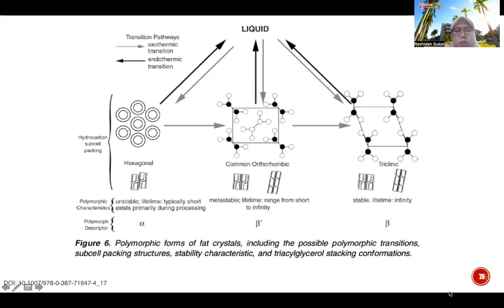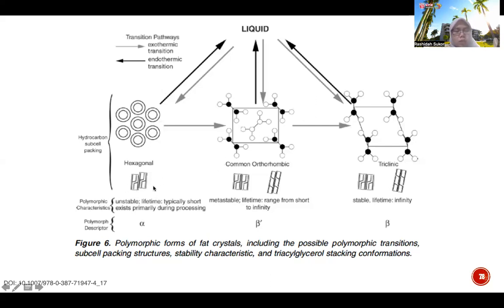Liquid. Okay. So this is liquid. Liquid depends on the formation of the crystal. Okay. This one is hexagonal.